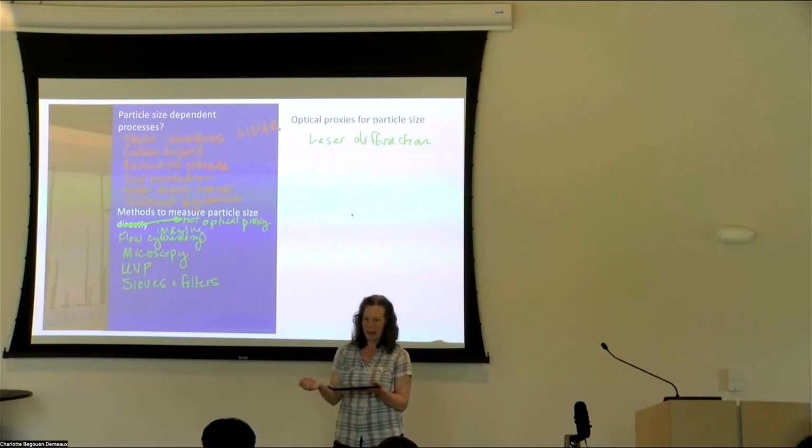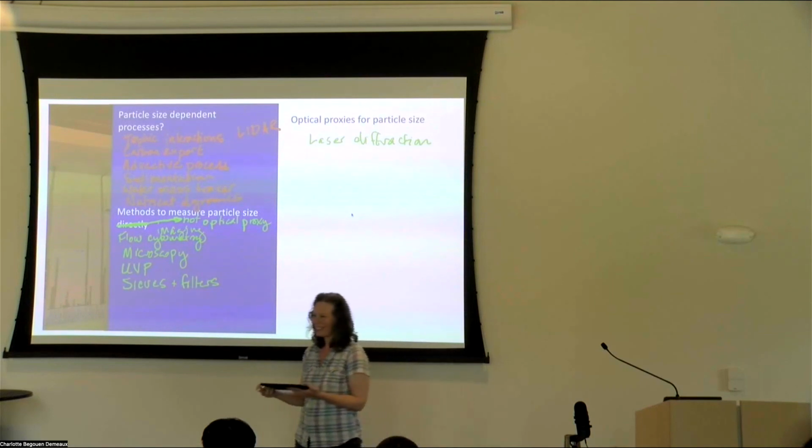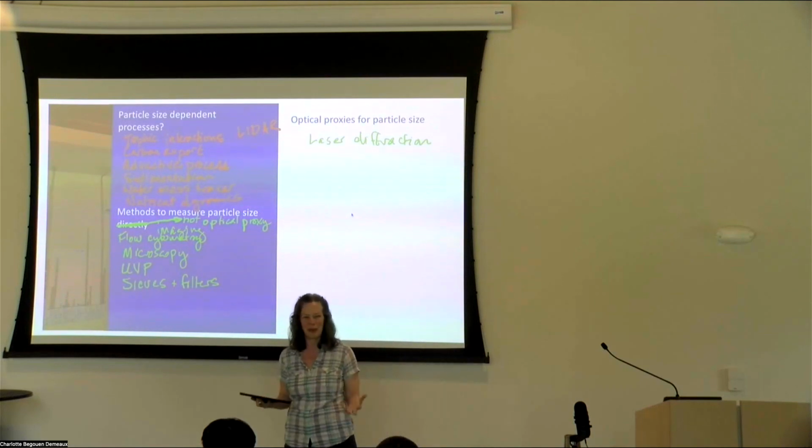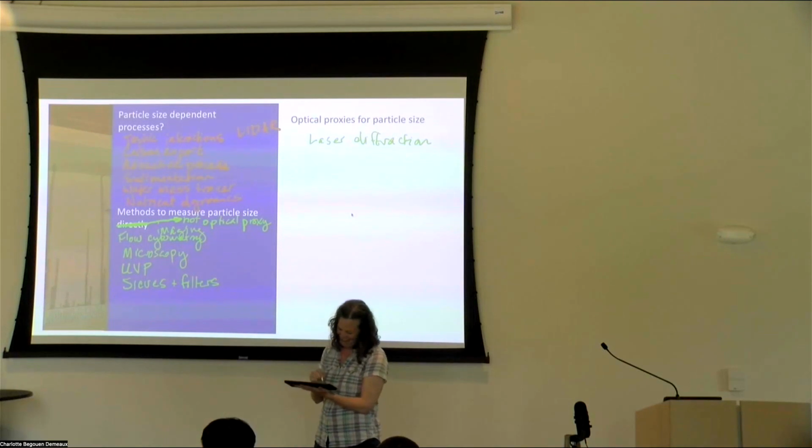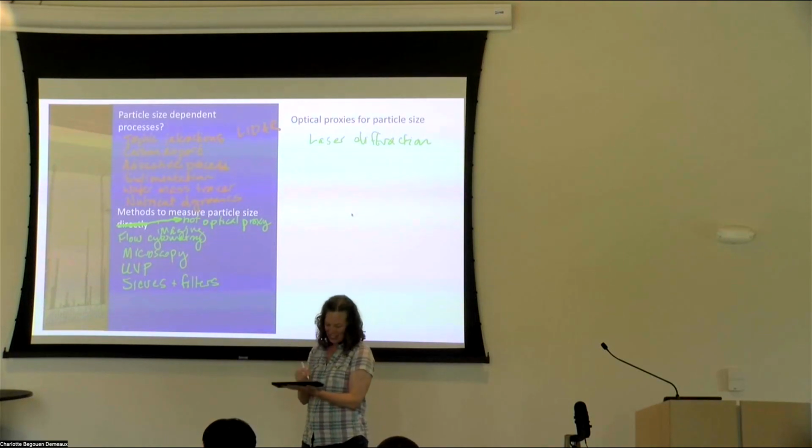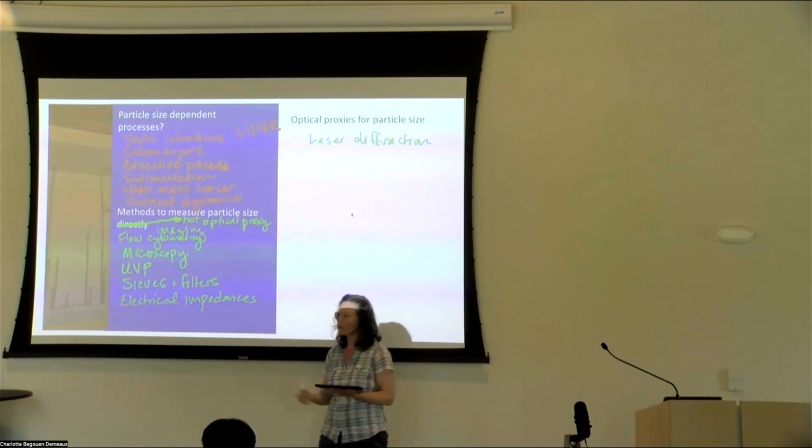We have some imaging methods, which are technically optical. I'm sorry, you're seeing the limitations of words. Okay, sieves, filters, electrical impedance is the principle that a Coulter counter works on, looking at the resistivity associated with a single particle passing through a tube.